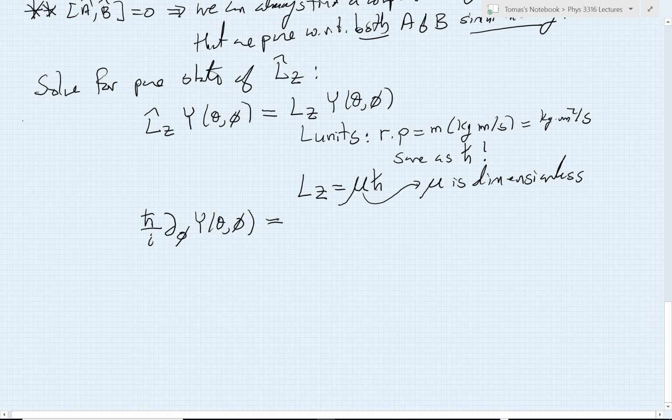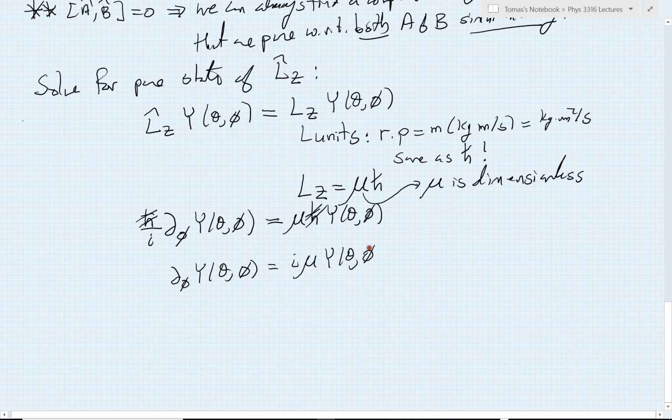But my constant I'm measuring in units of h bar, so I'm going to call that mu h bar times Y of theta and phi. And the first thing we notice is this is very nice. Our dimensional analysis was definitely a good idea because the h bars here will cancel out very nicely. And I'm left with a fairly simple equation. D by d phi of Y of theta and phi gives me back I times mu times Y of theta and phi.